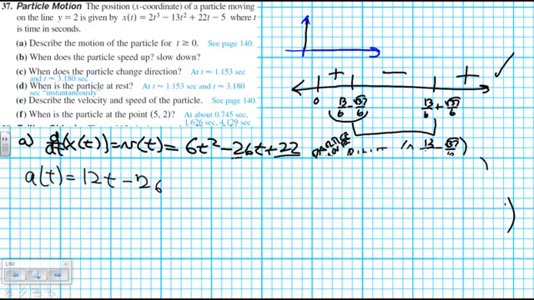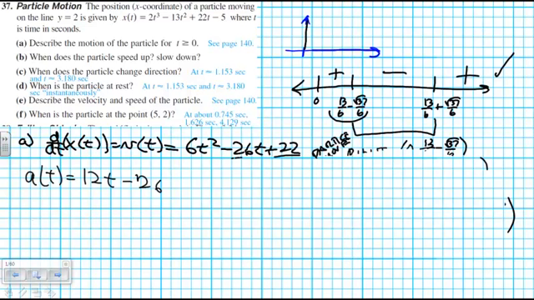Particles speed up when the acceleration and the velocity are of the same sign. When this pen is going downward, it has a negative velocity, and acceleration is negative as well. Something speeds up when its acceleration and velocity are of the same sign.